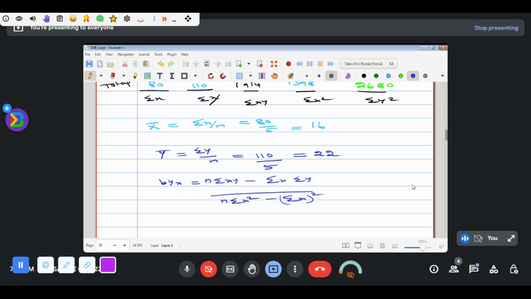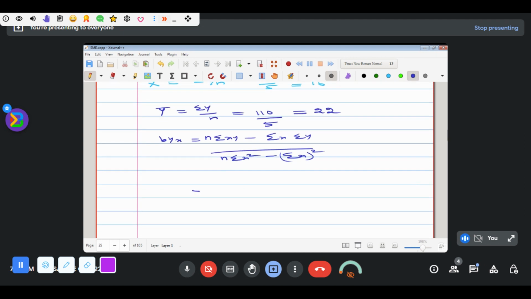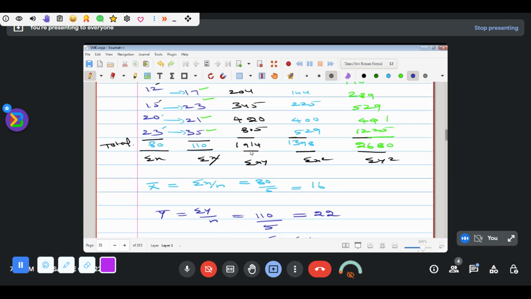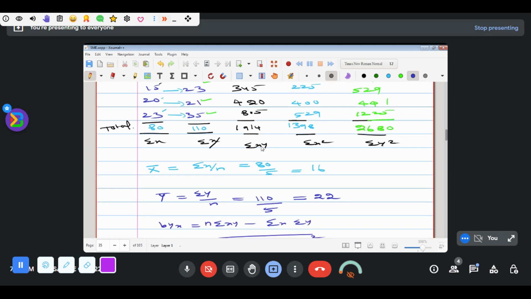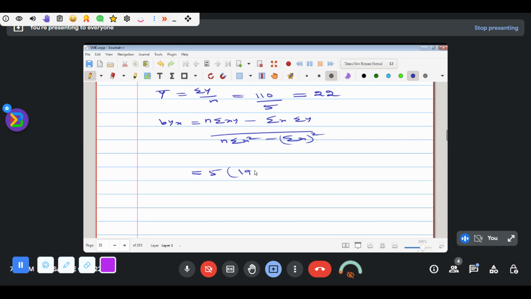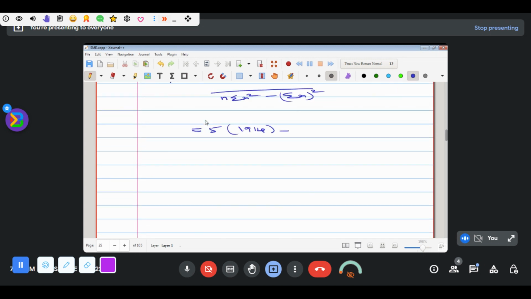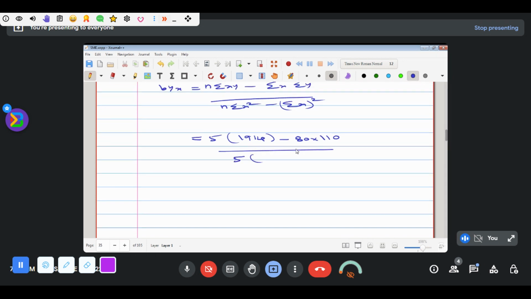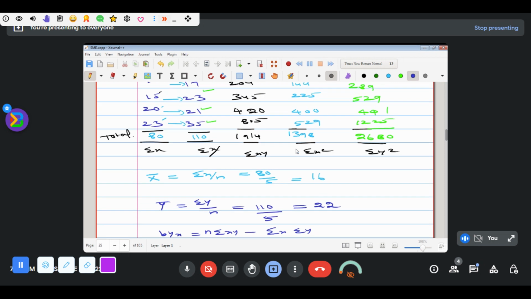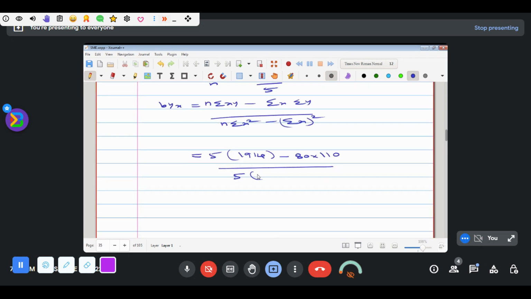Then what is the result here? n value is 5, so 5 into summation xy, summation xy value 1914, minus summation x into summation y, that is 80 into 110, divided by 5 into summation x squared, the sum of the x squared value 1398, minus summation x the whole square.